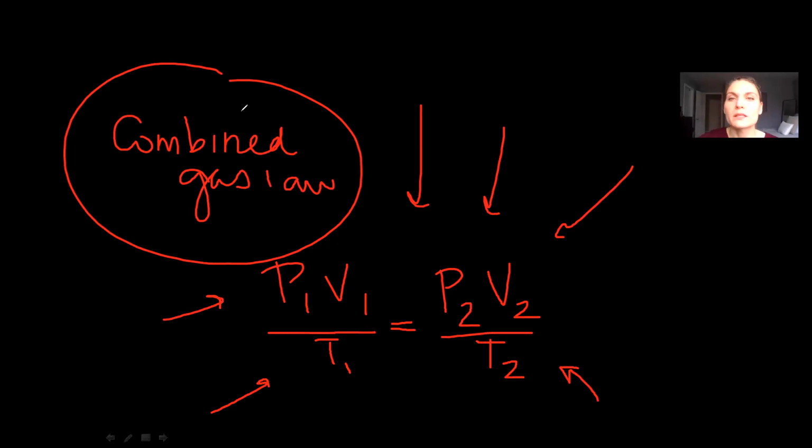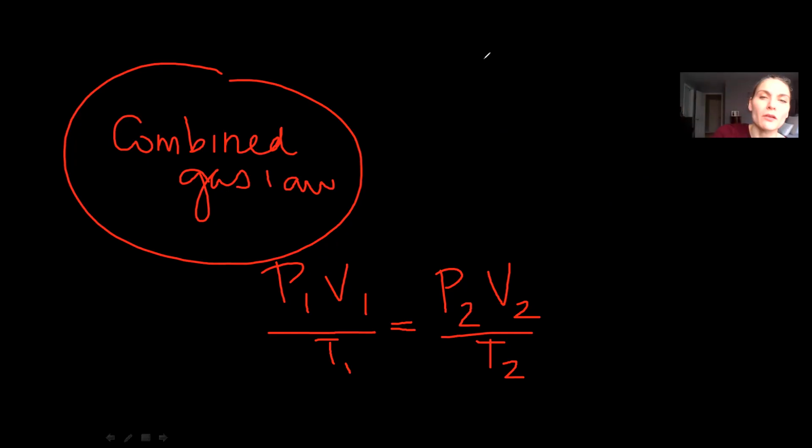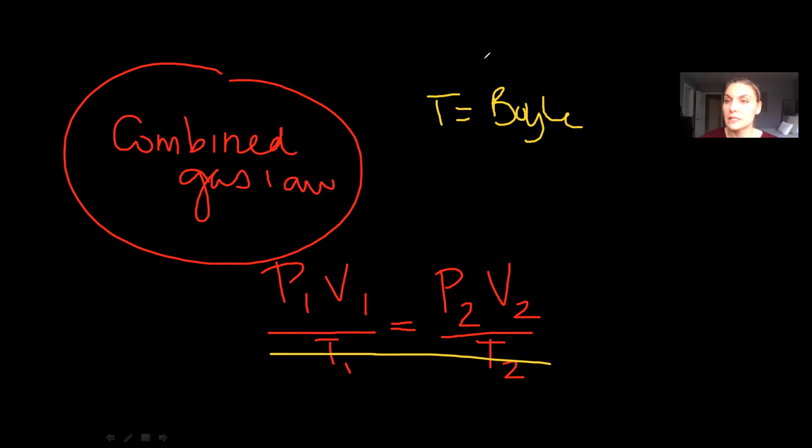So for instance, when we discuss Boyle's law, again, think of boil, you bring to a boil. Temperature is constant. So what happens here is that you remove temperature, and you'll say that P1 times V1 equals P2 times V2. Basically you have an initial volume and initial pressure, and you're going to try to figure out the final pressure or volume.